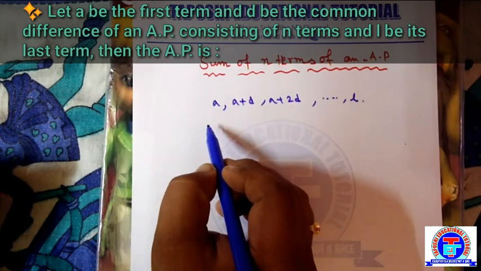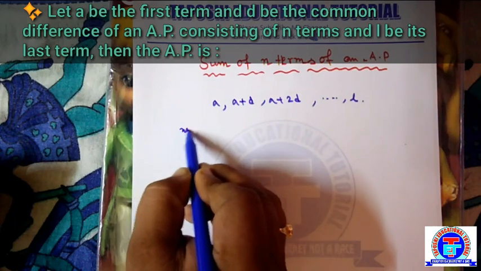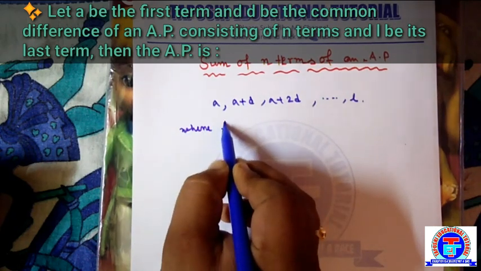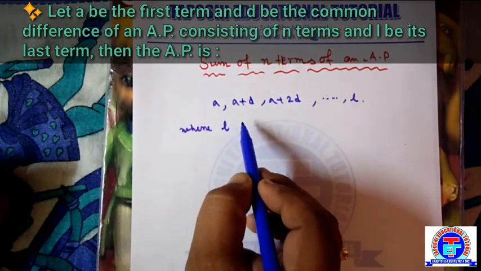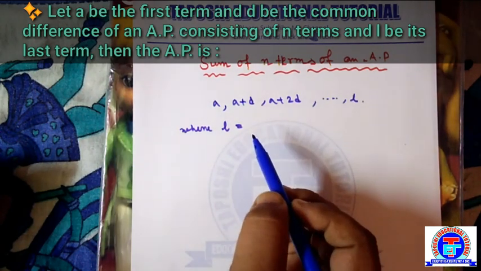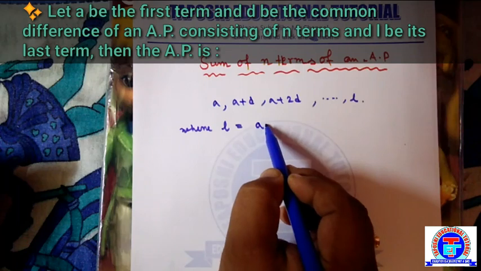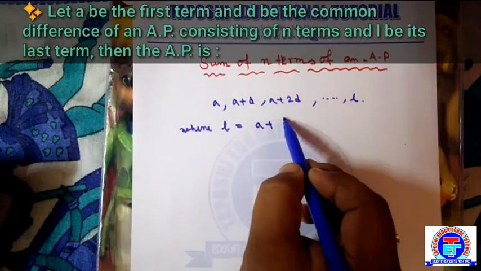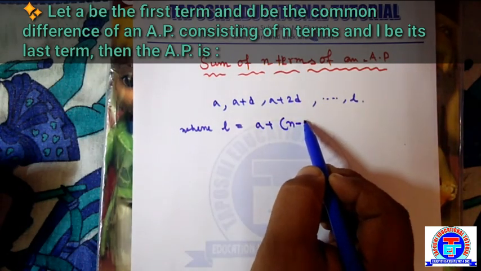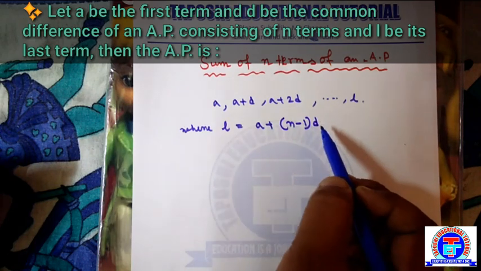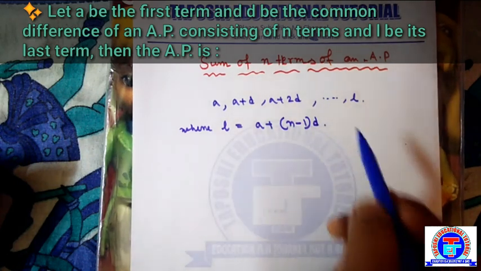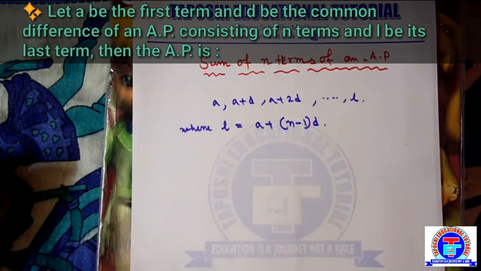So L is equal to A plus (n minus 1) into D.